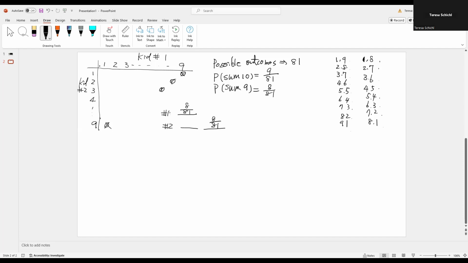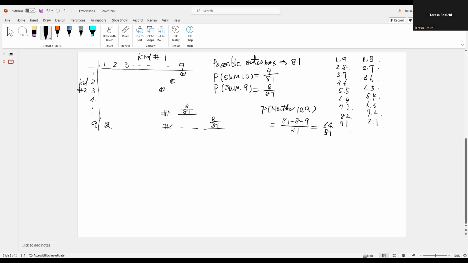So the probability of getting neither 10 nor 9 will be 81 minus 8 minus 9. How many am I going to have? I'm going to have 64. So it's 64.